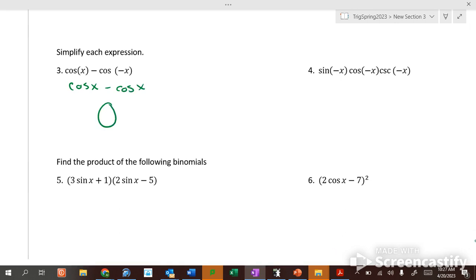What's the sine of negative x equal to? Negative sine of x. What's cosecant of negative x equal to? Negative cosecant of x.